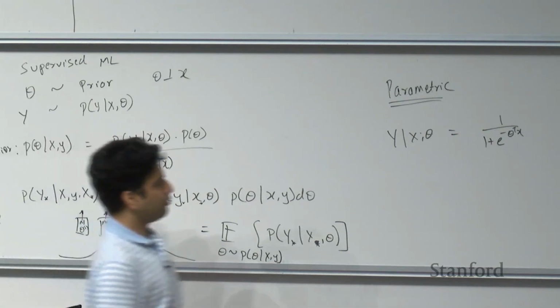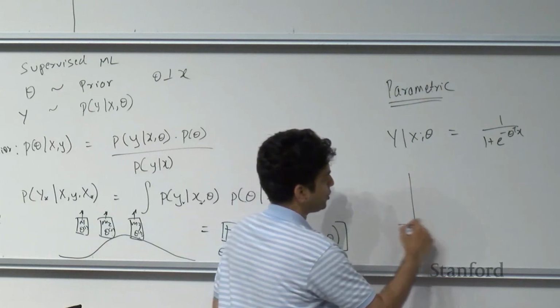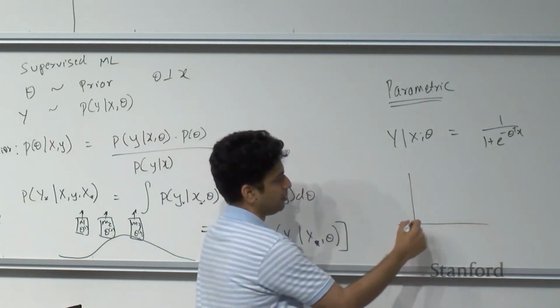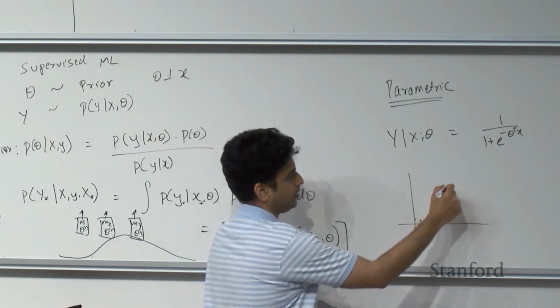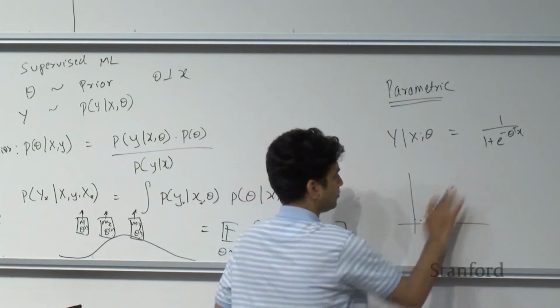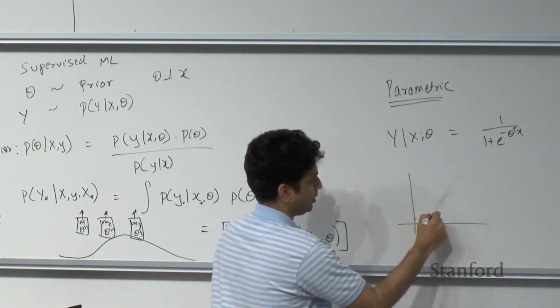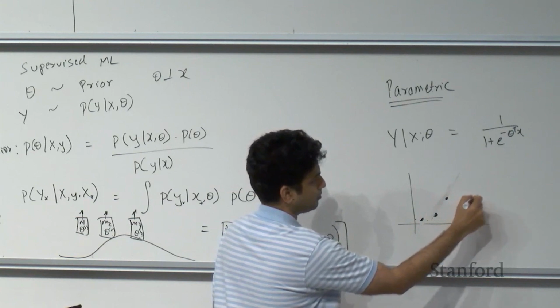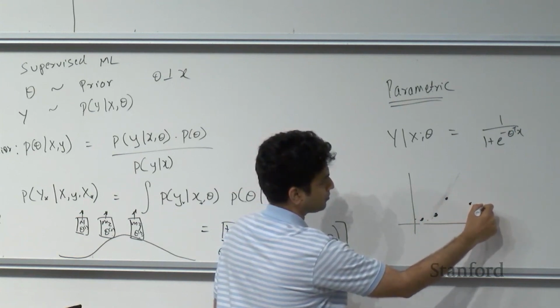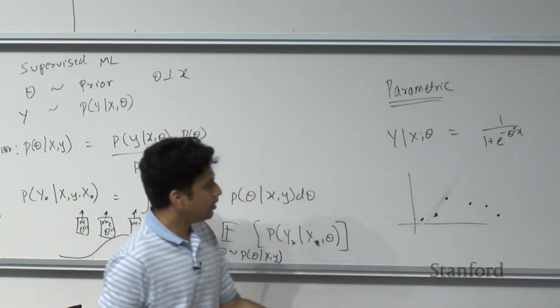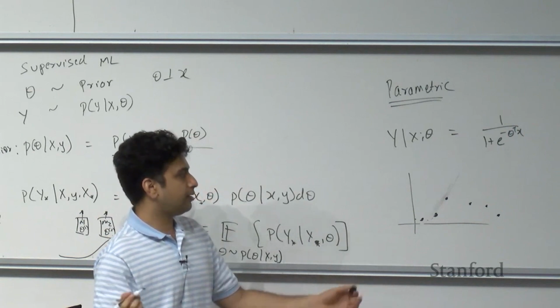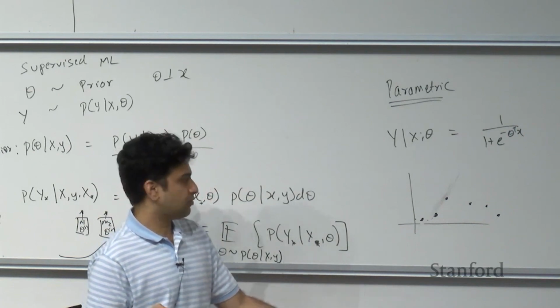One way to see that limitation is, let's say we have a regression problem. Now, what's the correct hypothesis form for this?